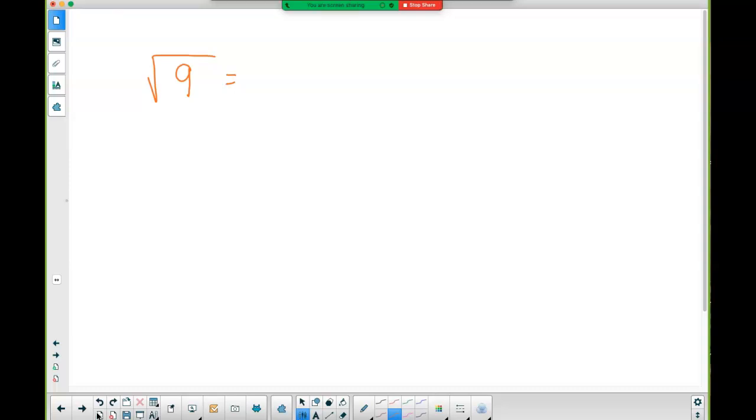You're going to do this. Second, you have to hit that button. And then you have to hit the button that says x squared, because above it there's a square root symbol. And then you have to type in 9, and then you have to hit equals. And it gives you 3.